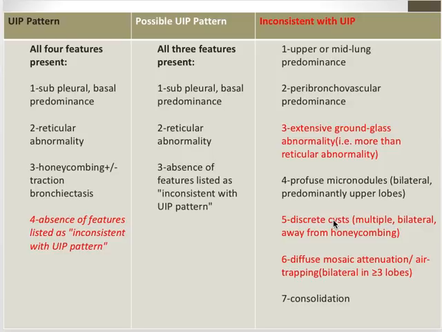On CT, they are closely spaced, clustered cystic air spaces with a diameter of 3 to 10 mm, usually subpleural, and characterized by well-defined walls. This same feature is present in the UIP pattern. The presence of all these features we call honeycombing.